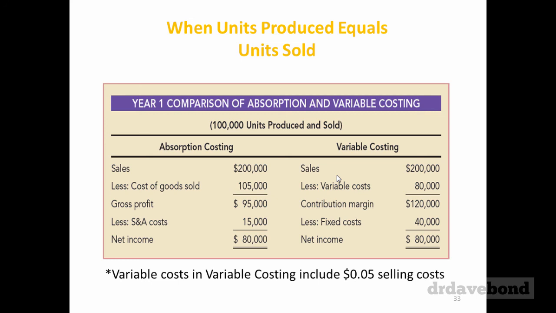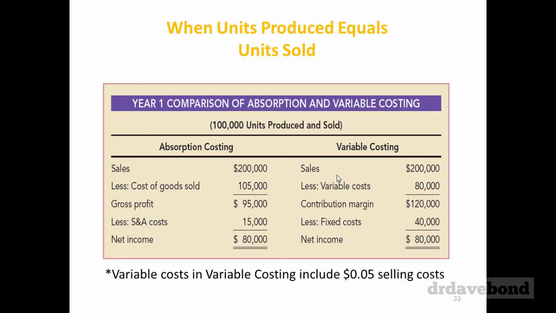That gives you $120,000, and that's your contribution margin. Less your fixed costs, and your fixed costs are your fixed selling and admin plus your fixed overhead equals 10,000 plus 40,000. I'm running out of room.